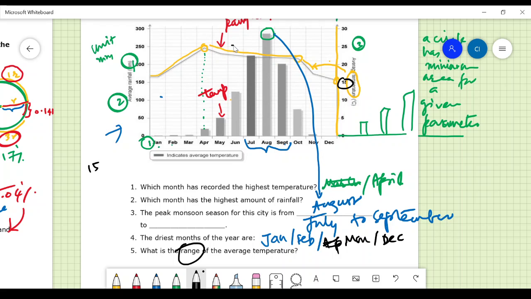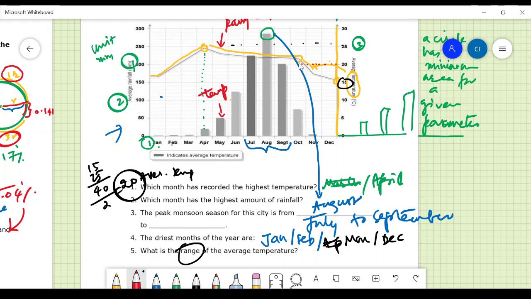The highest one is this one, and this is 25. Okay, you just add them, you get 40, and then divide this by 2, you'll get 20 degrees. So 20 is the average temperature throughout the year, but he is asking the range there. Okay, so for the 20 degrees you have to look. The answer is 20. So where is the 20 located? The 20 is about this one.